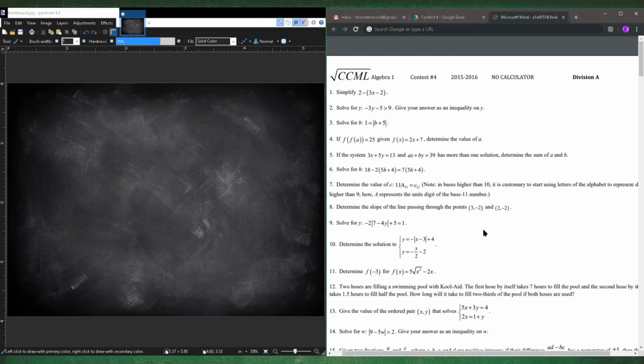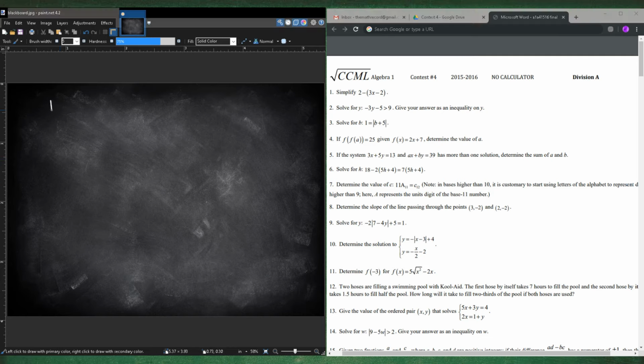Okay. Number 6. Solve for h. 18 minus 2 times 5h plus 4 in parentheses is equal to 7 times 5h plus 4 in parentheses. So we have 18 minus 10h, minus 8, is equal to 35h plus 28.